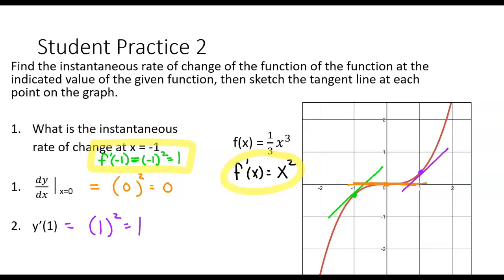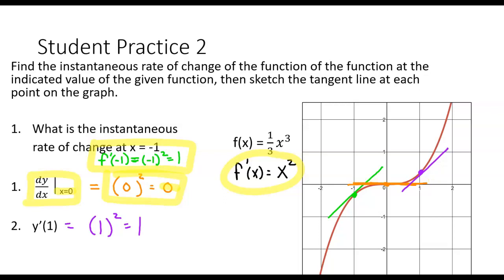We're going to continue that process now with the rest of them. So same thing here, just asking you to find the derivative and then plug 0 in. So my derivative is x squared, so when I plug in 0 and I square it, I get 0. So that means that at x equals 0, I should have a slope of 0. And that would be right here at x equals 0, and there's my 0 slope. It's a flat line.